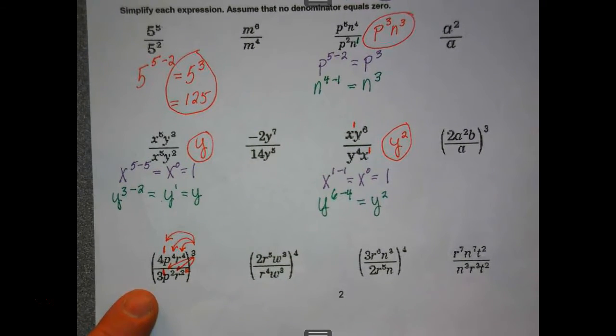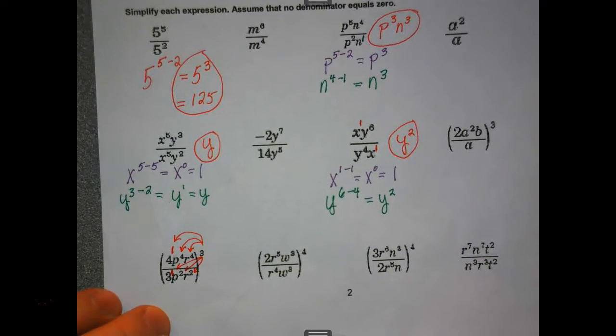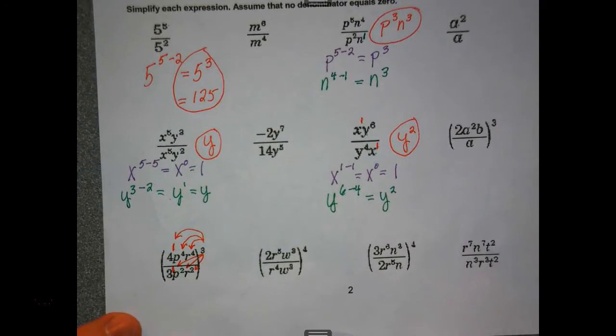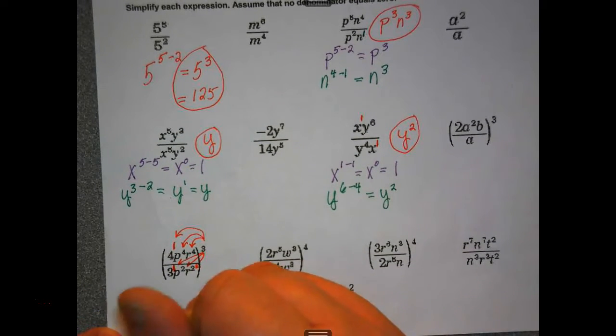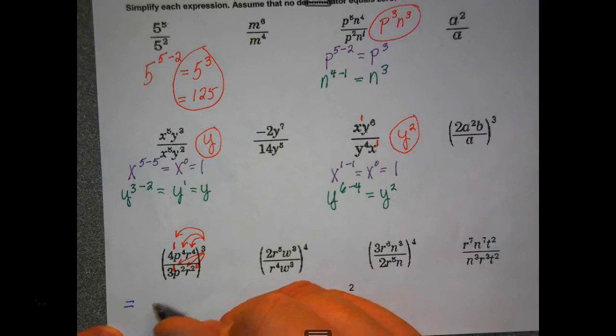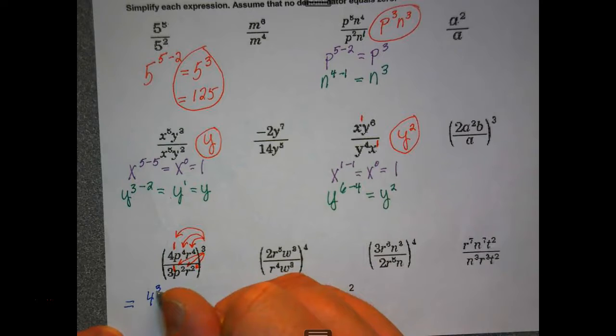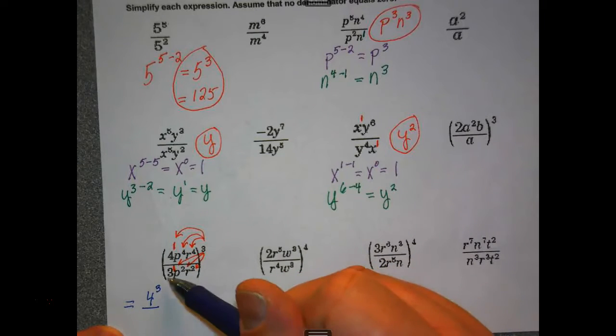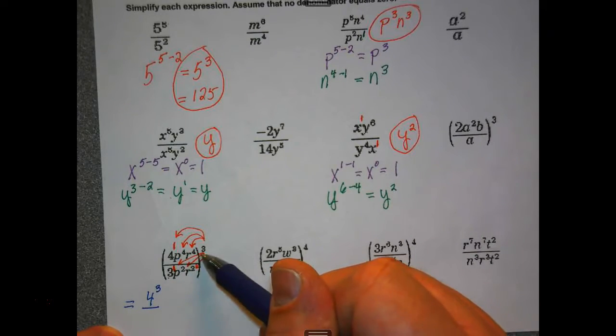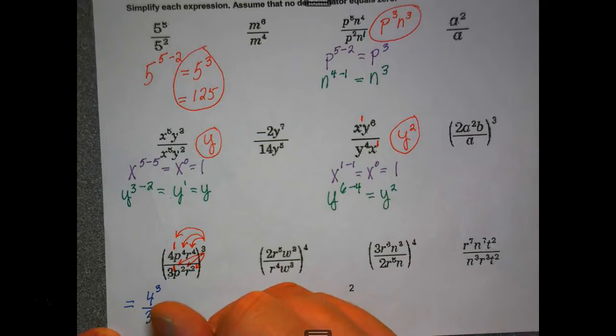I have numbers here, so I'm going to have a fraction. 4 to the 1 times 3, 4 to the 3. 3 to the 1 times 3 is 3 to the 3.